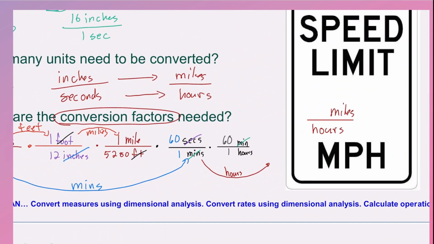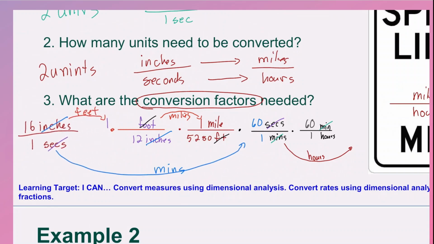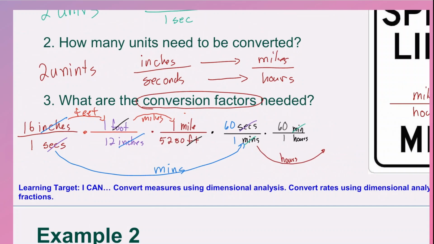Now that I have everything set up, it's time to multiply. I'm going to multiply everybody on top with everybody on top, just going across the top. So across the top, we're going to go 16 times 1 times 1 times 60 times 60.